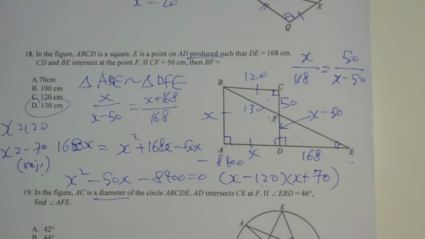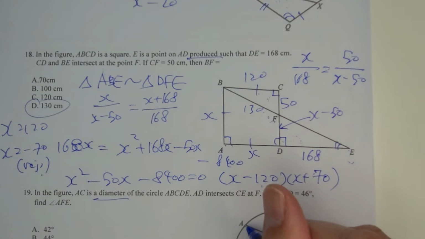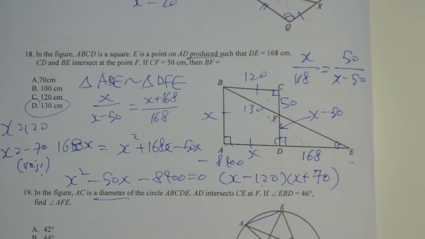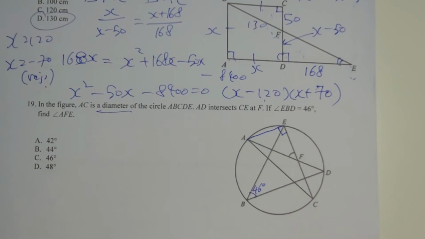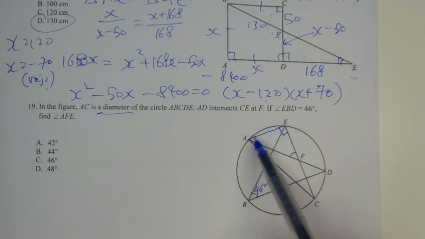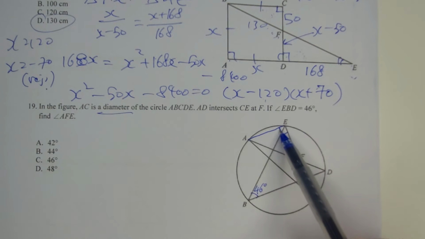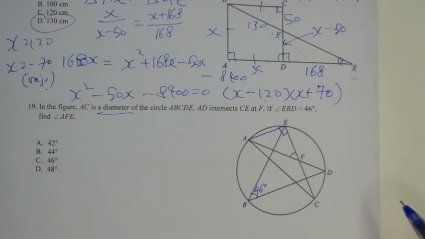So let's see what we can do. Since AC is the diameter, we can add a line like this. We can join AE, and we know that it is a right angle. I repeat, we can join this line AE, and so angle AEC is a right angle, 90 degrees.